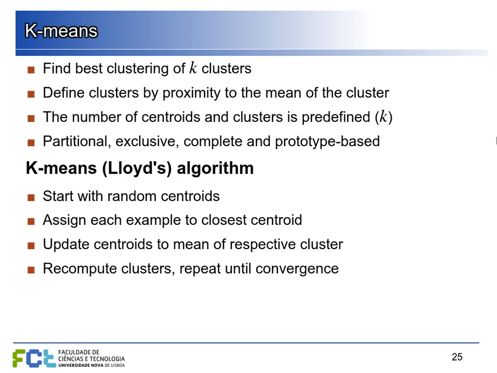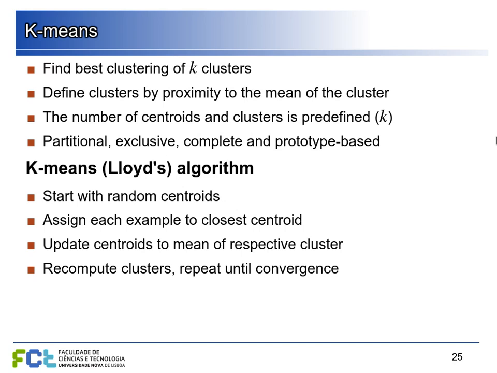So let's see an example of clustering. This is k-means clustering. It's often referred to as the k-means algorithm, although in fact there are different algorithms, and the one I'm going to talk about is the classical Lloyd's algorithm for computing k-means. But the idea here is that we define from the start how many clusters we want to be in the clustering, in the set of clusters.